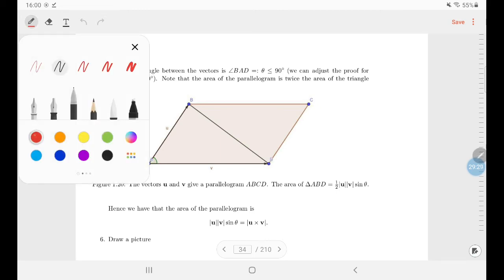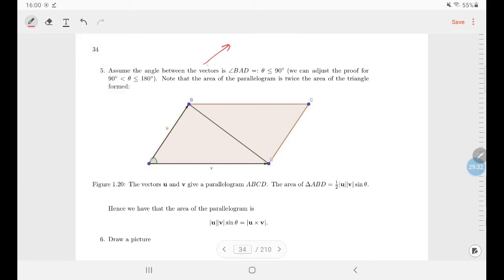Versus if you have them pulling together like this, or even more extremely, you only get a tiny little parallelogram, and the area of this is quite small in comparison to if they were fully at 90 degrees with the same length. You get a bigger area. So it's just an expression of the fact that when the vectors have a big angle, close to 90 degrees, the vector product has a large magnitude.